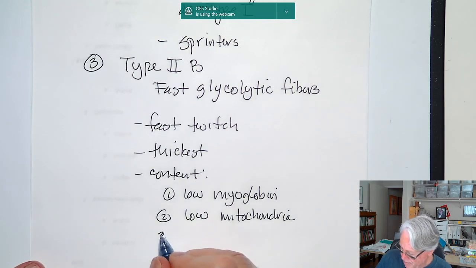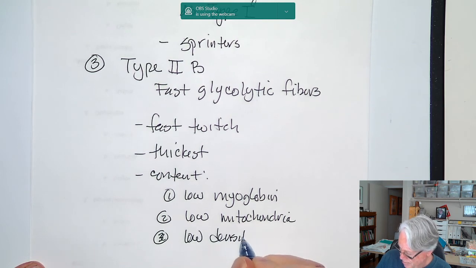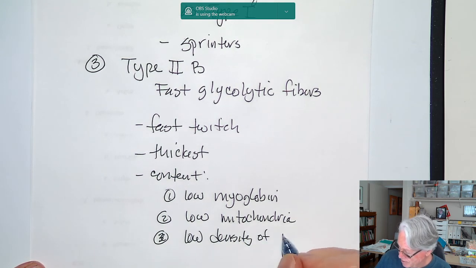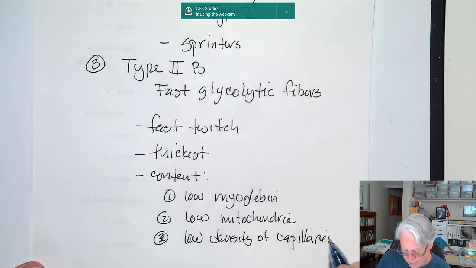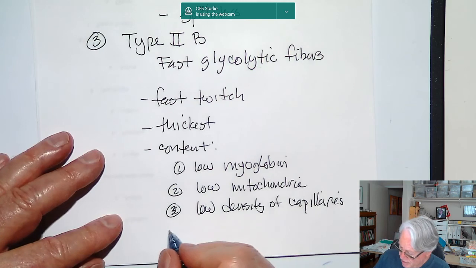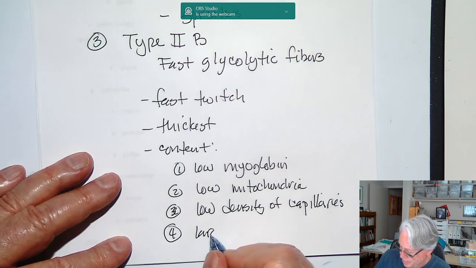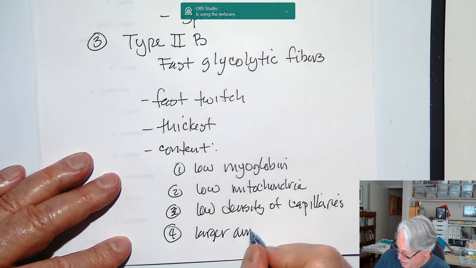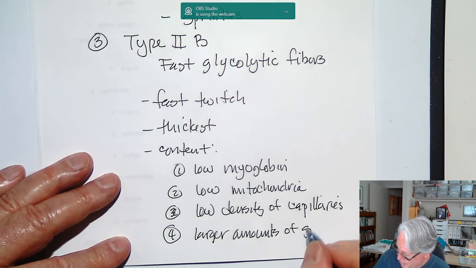We have low density of capillaries. But, number 4, this is the kicker, we have large amounts of glycogen.